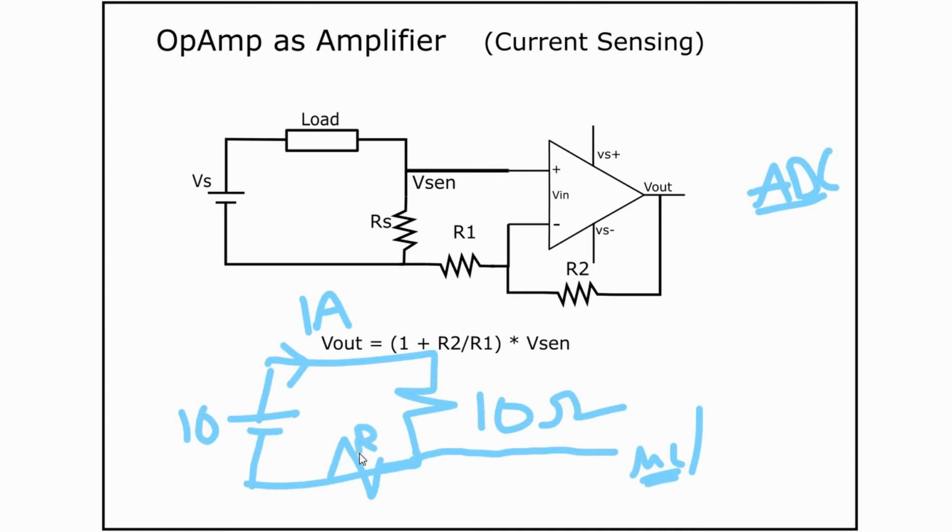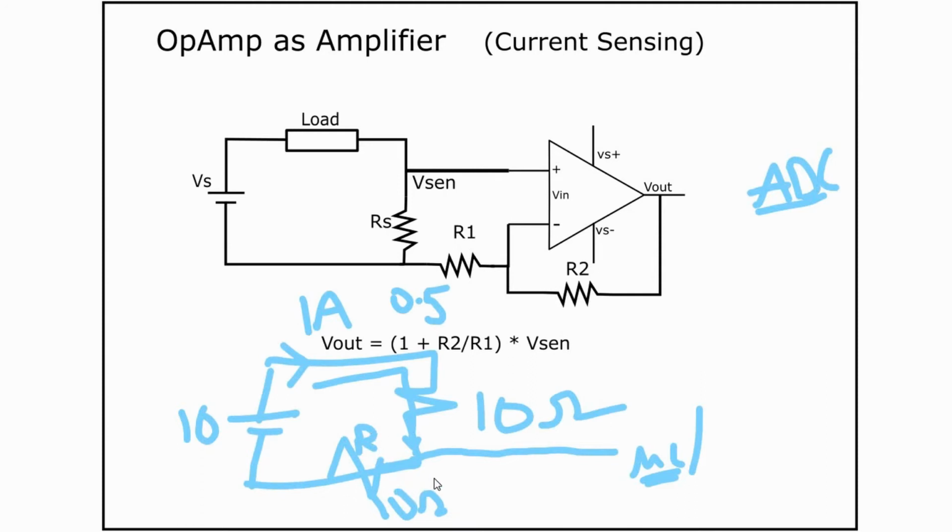Now we have to select a value of R in such a way that we don't affect the current which is actually flowing through the circuit. Let's assume that I put a 10 ohm resistor. Then the current will become 0.5 amps, because your total resistance has become 10 ohm plus 10 ohm. You don't want this to happen, because then you are actually changing the characteristics of the circuit.